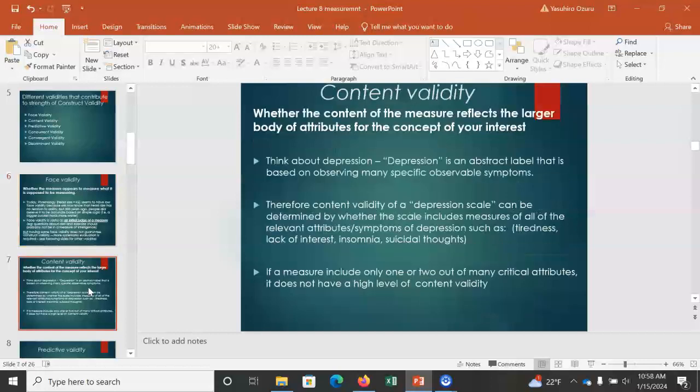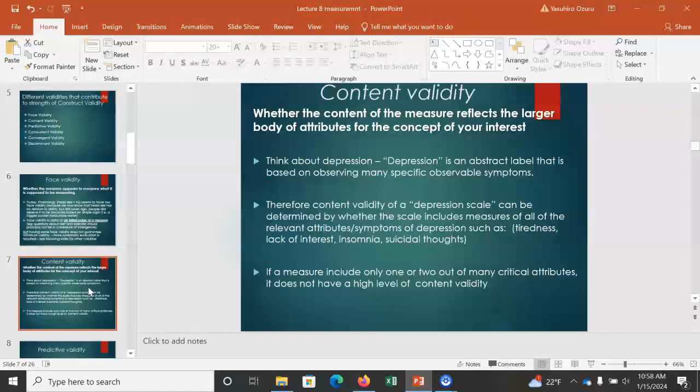Content validity refers to whether the content of the measure reflects the larger universe of the concept of your interest. For example, think about depression. Depression has a lot of different attributes such as tiredness, lack of sleep, sadness, anxiety, and many other things.